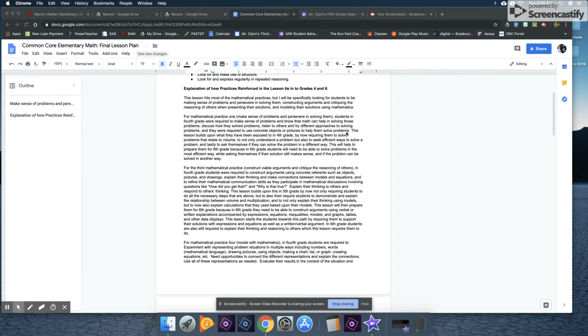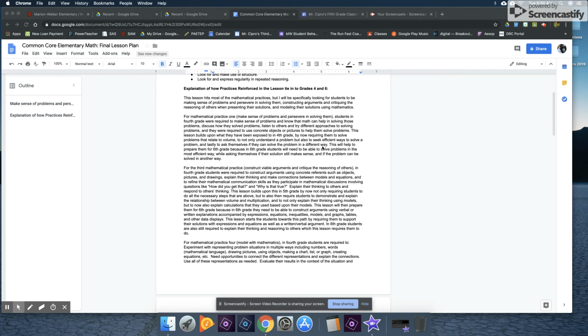But not only that, in 5th grade, in this particular standard, they want students to relate to volume and also to seek efficient ways to solve a problem, and lastly ask themselves if this problem can be solved in a different way, which we do in that explore part and in some of the discuss part of this lesson.